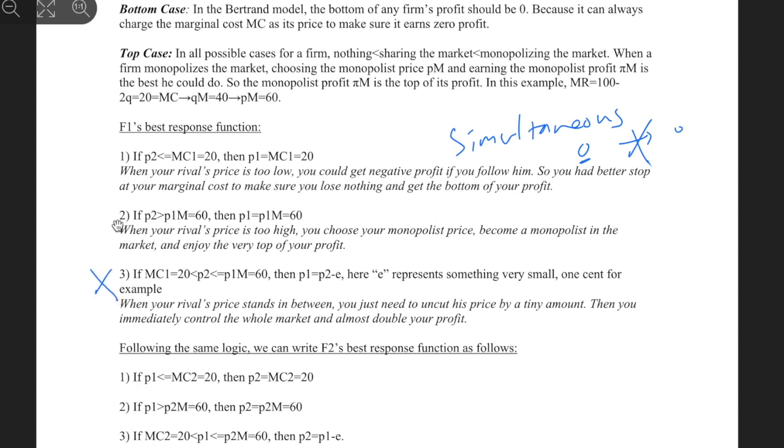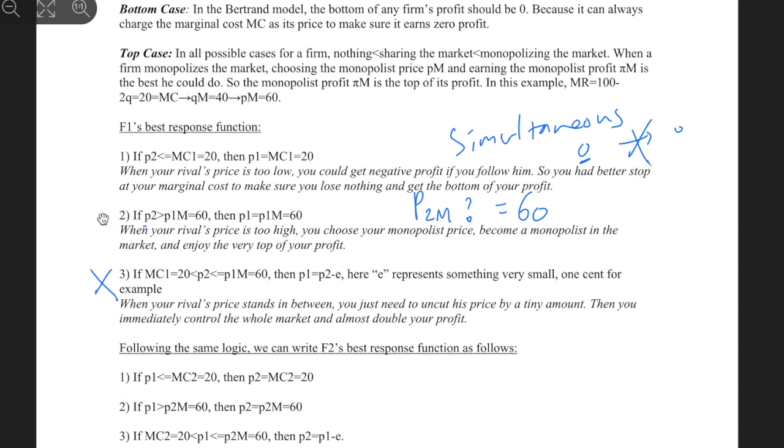So what about this? If P2 is greater than 60, what is the maximum price for P2? What is P2 monopoly? We have the same cost construction for Farm 1 and Farm 2. So if Farm 2 monopolizes the market, the price will be the same, 60, right?